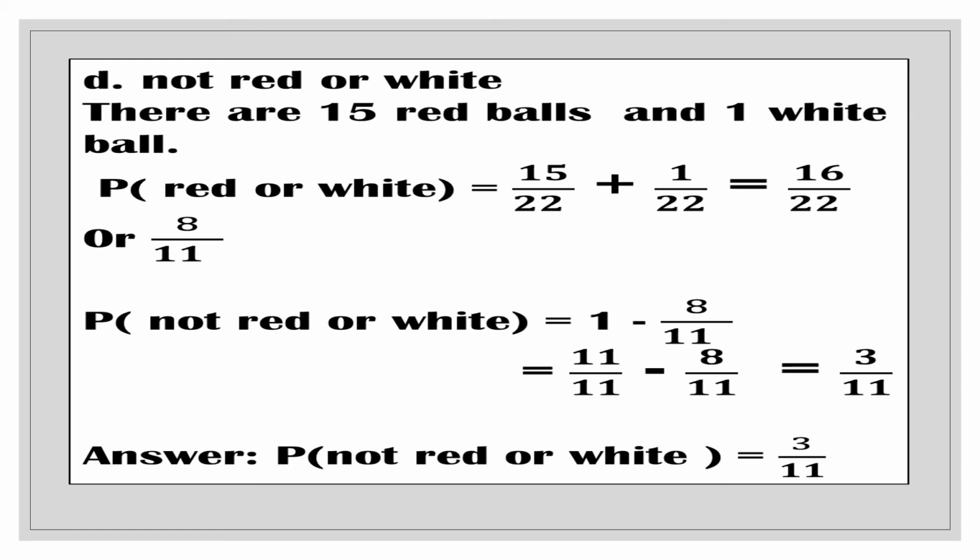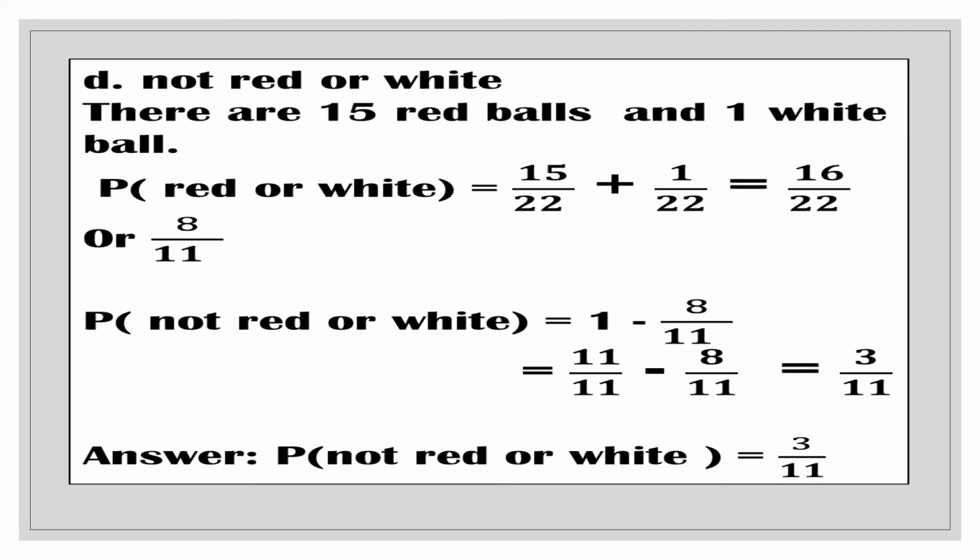So now, let's go to the probability of an event not happening. By following the formula, probability of not red or white is equal to 1 minus 8 over 11, where you substitute the probability of red or white.